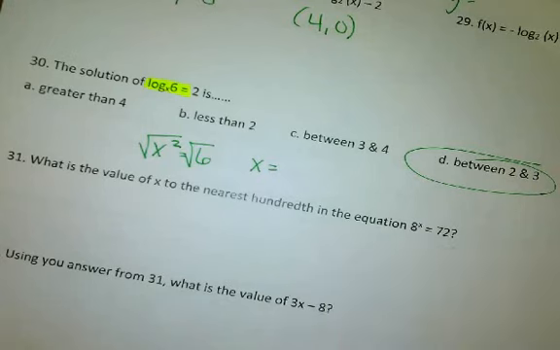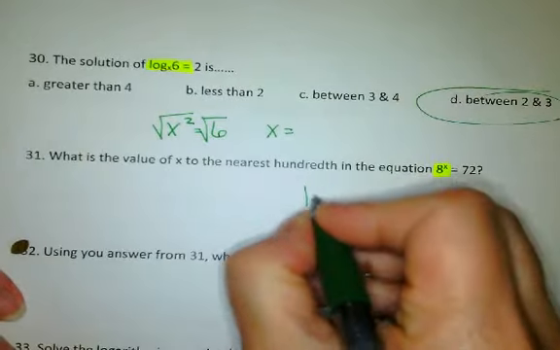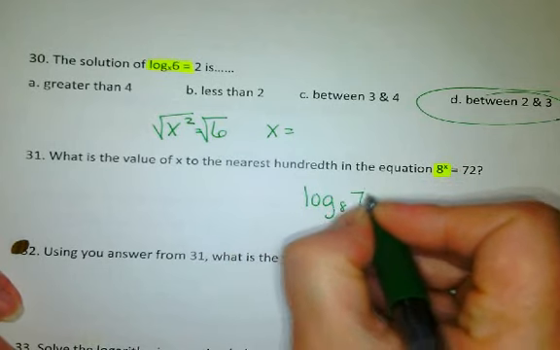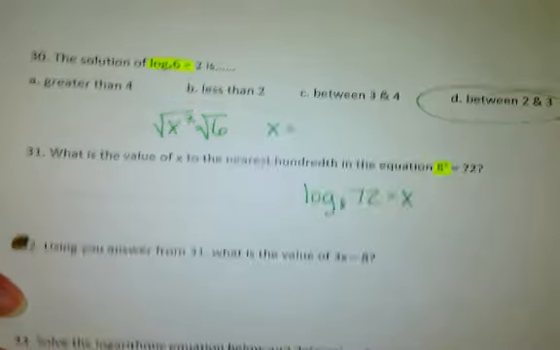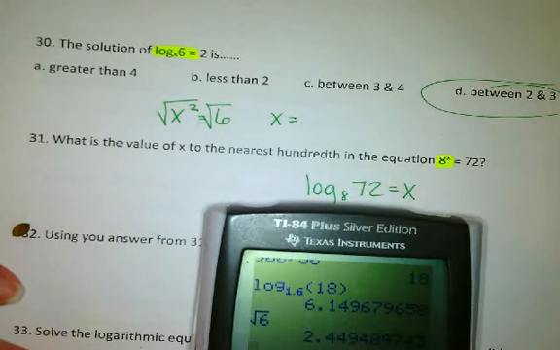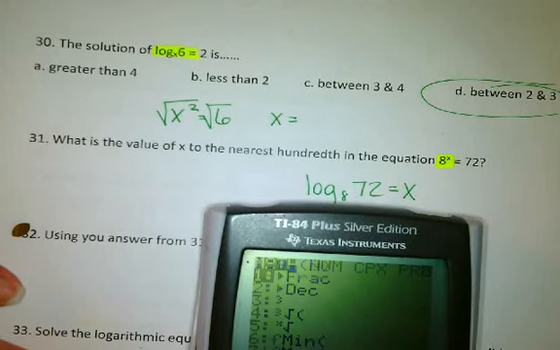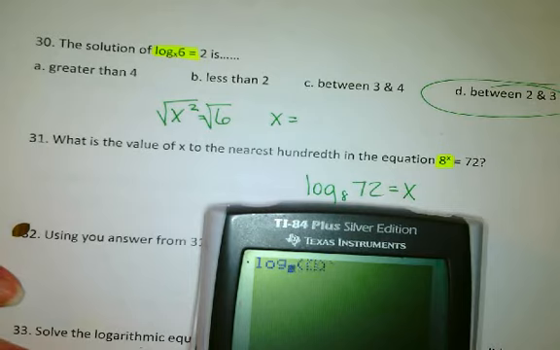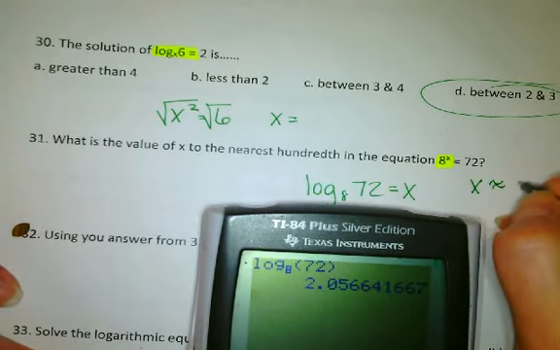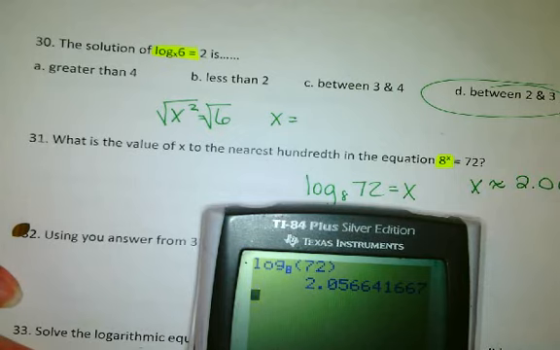Alright, on 31, again, you're trying to get that base and that exponent by itself, and they are. So I'm going to switch it to log base 8 of 72 equals x. If I do that, I get log base 8 of 72, and x is approximately 2.06.